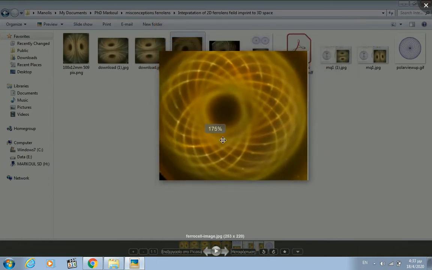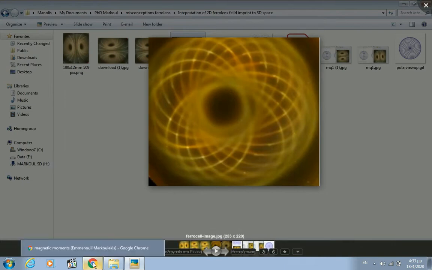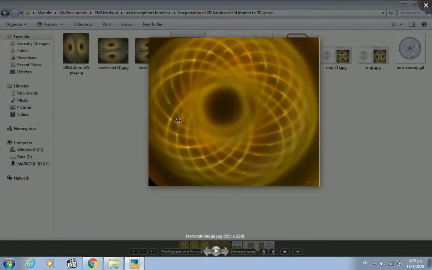Okay, and we said in the previous video that these bright dots here are not lines which are colliding with each other. They are only overlapping in 3D space, and because the thin film of the Ferrolens is very, very thin, 25 to 50 microns, and the lines are very close together at this point, one above the other, the scattering effect is stronger, and therefore we get these brighter dots at each intersection point.